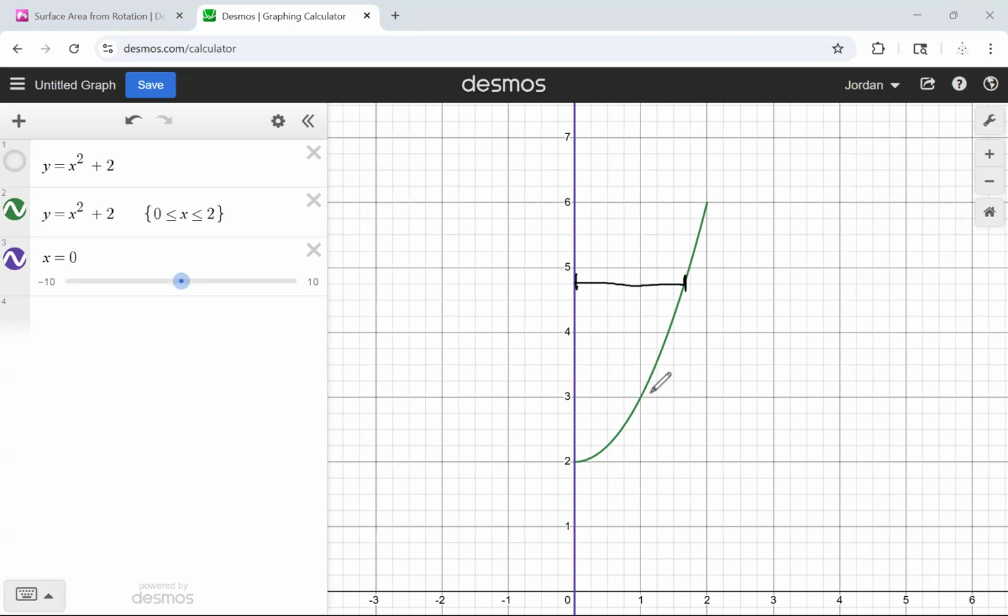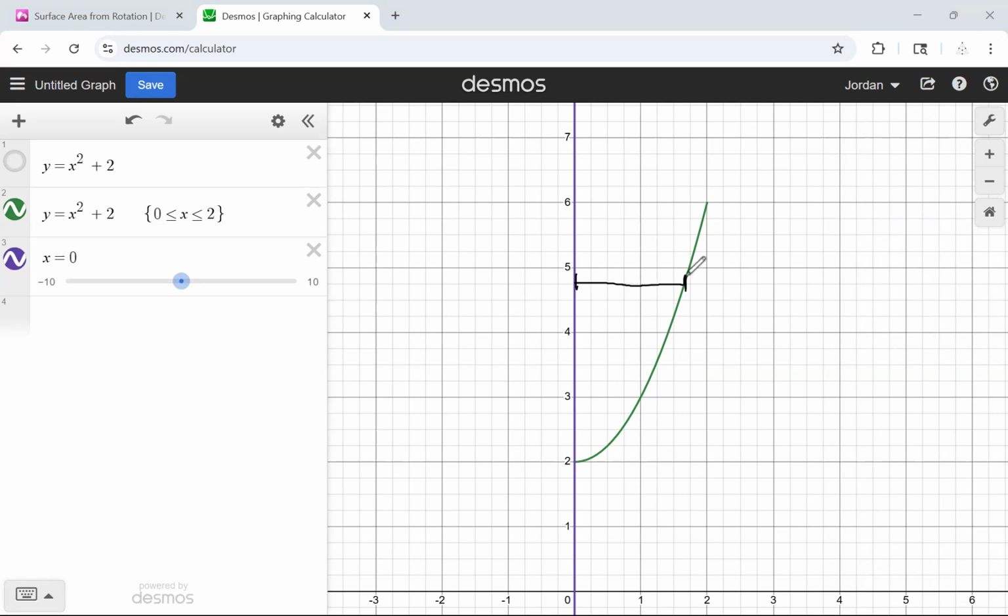If I want to, I could integrate with respect to y, going from a value of 2 out to a value of 6.